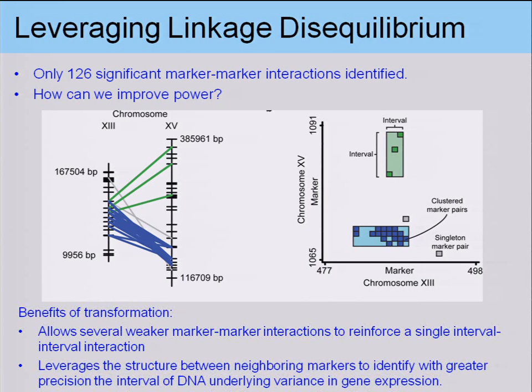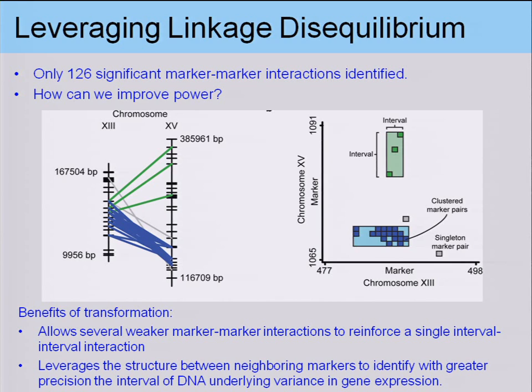The first is that, like I mentioned, we have the list of marker interactions, ones that might not have garnered significance on their own, but we can allow several of these to support a single interval interaction. Each of these alone may not have had significant p-values, but together you would. The second thing is that a lot of genome-wide association studies suffer from a mapping problem.